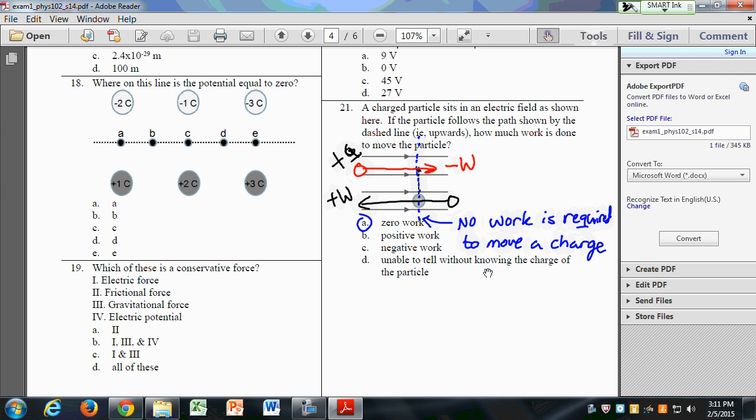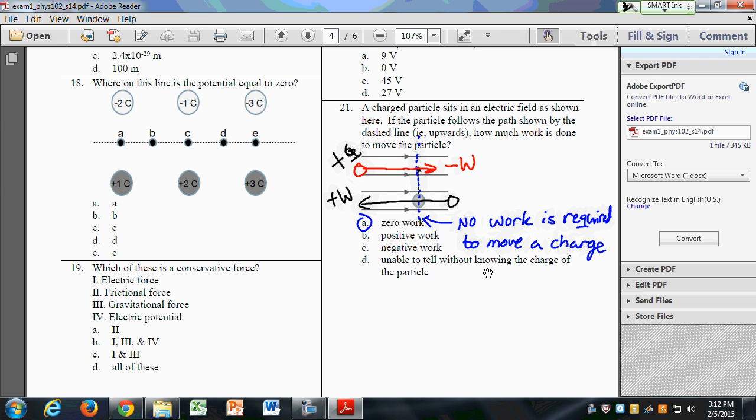That's positive work. However, here, if I have a positive charge, the field is trying to move it in that direction. So the field is already moving in that direction. I actually have to pull back and sort of slow it down. So if I'm pulling back in this direction, and yet it's still moving in that direction, that's opposite force and displacement, that's negative work.